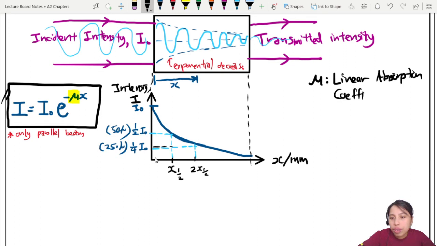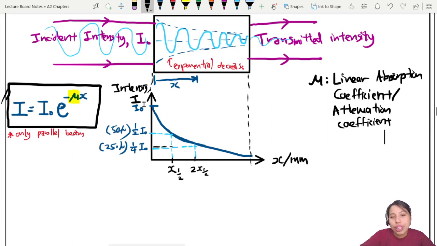This is why we go to such pains to make sure the beam is parallel. It will be very complicated otherwise. Linear absorption coefficient, or you can say the attenuation coefficient. That's the name for it. So whenever you see the words absorption coefficient or attenuation coefficient, you are talking about the mu symbol. This one. Mu, the intensity drop.